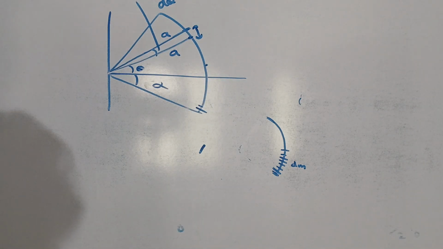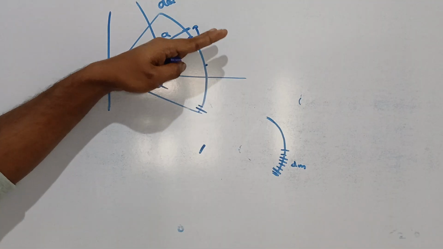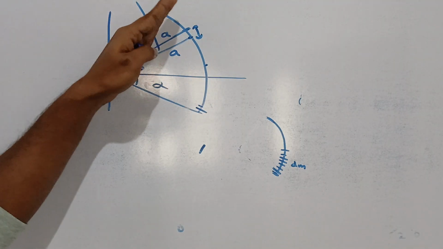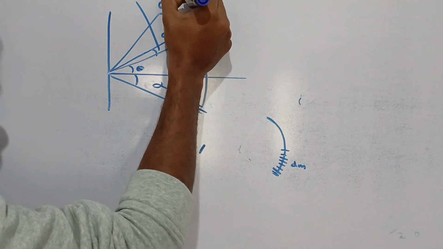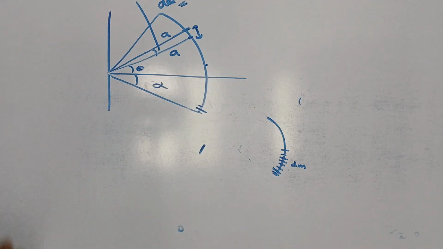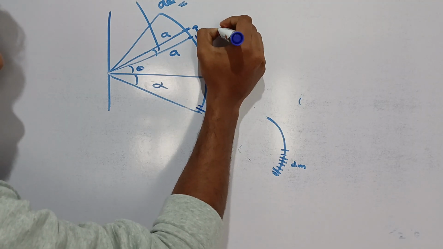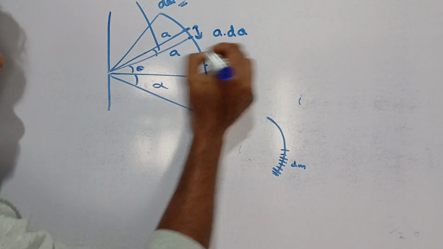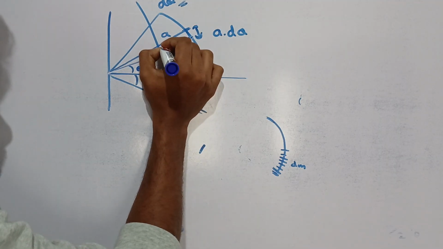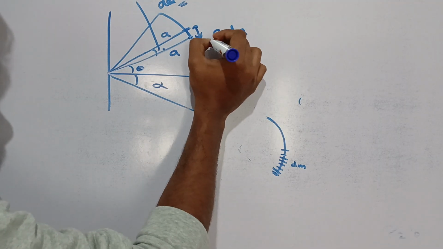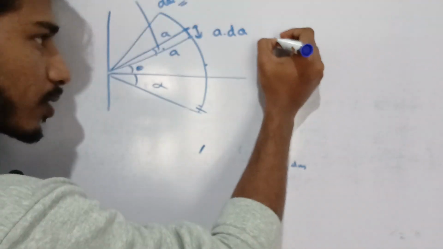It never changes. The only thing that varies is the angle. Let's say here it was 30, maybe here it will be 60. So every time the angle is the one which is varying. The length of the rod would be a times d theta, because the radius is a and the angle is d theta. This is the length of the tiny rod.